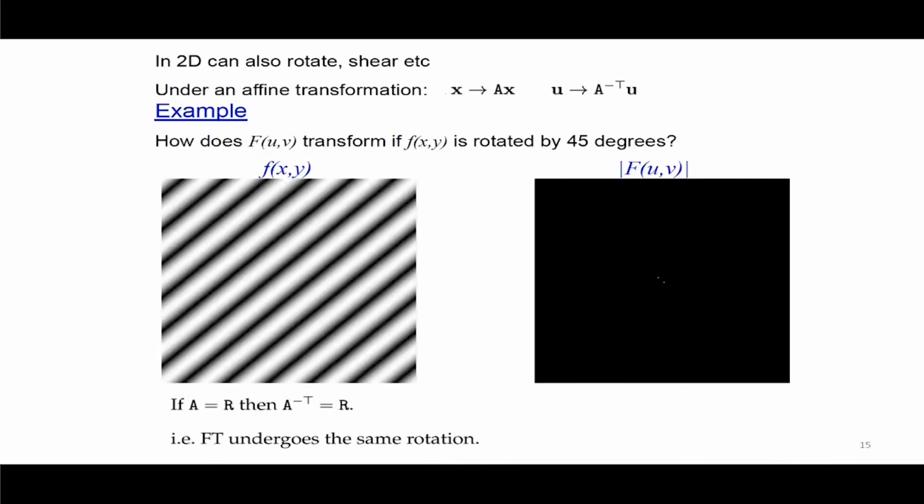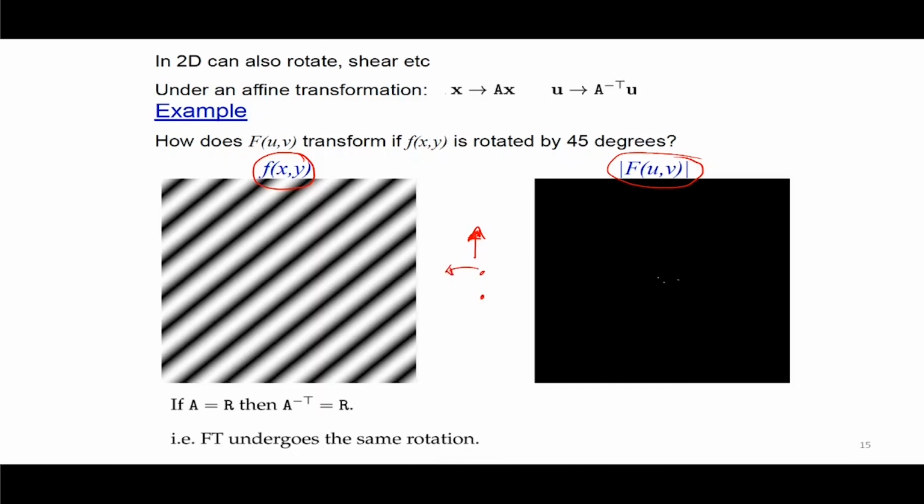Now another very important property is, suppose you have f of x,y and you have rotated it, what would happen to the Fourier transform of it? Had it been, for example, something varying in the y direction itself, where you have only ky, these points would have been like this. Now this is equivalent to rotating it in this direction by 45 degrees, right?